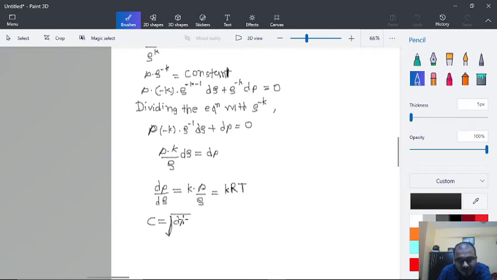As we know that the value of C is equal to square root of dp upon d rho. So it can be written as square root of kp upon rho is equal to square root of k RT.